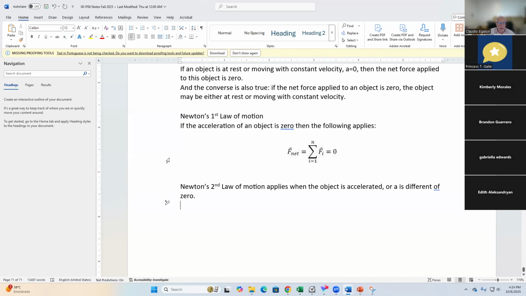So instead of net force equal to 0, now net force is going to be equal to mass times acceleration.